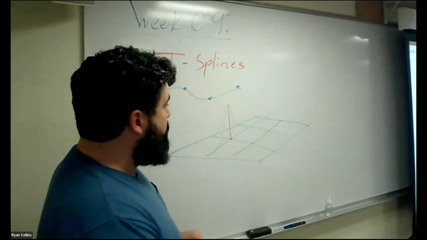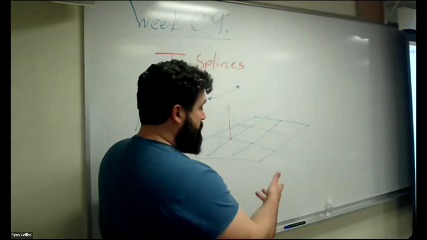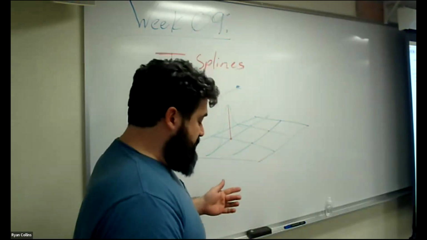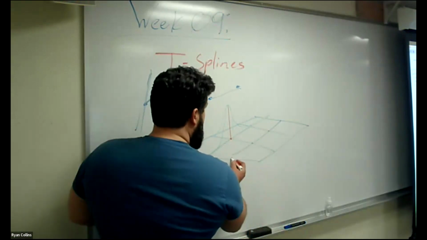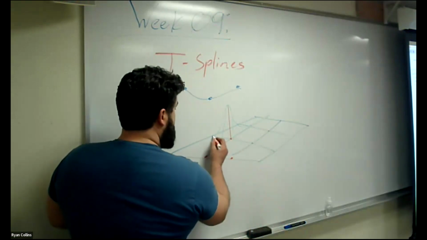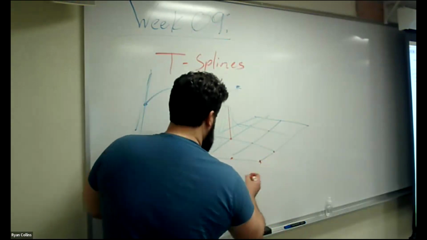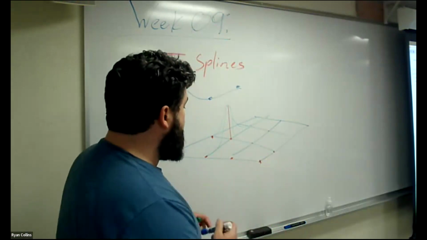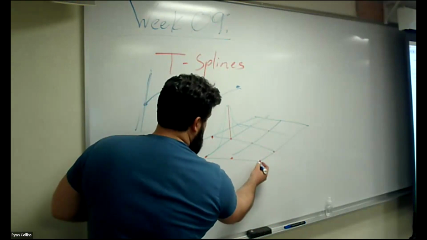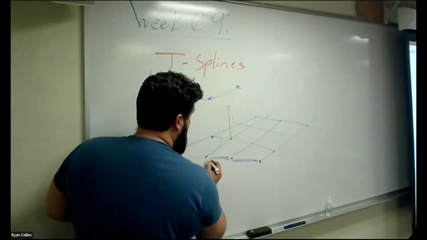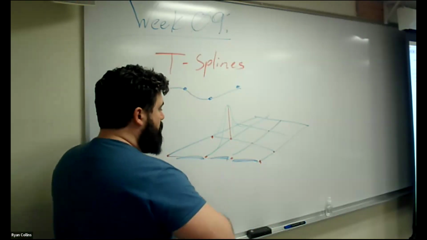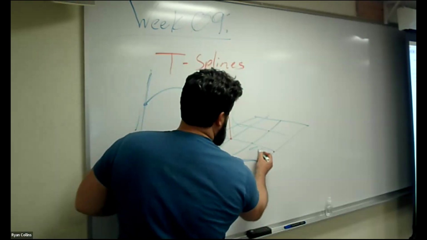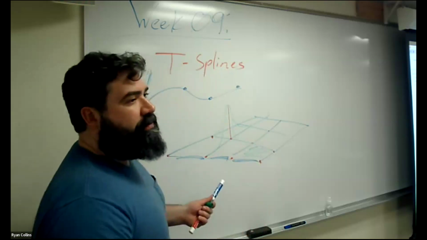You can work with any kind of object. You have the standard stuff we've been working with. You have points, your vertices, anywhere lines intersect. You have the edges, which are, of course, the lines between those vertices. And then you have faces, which are the planes between both of those.